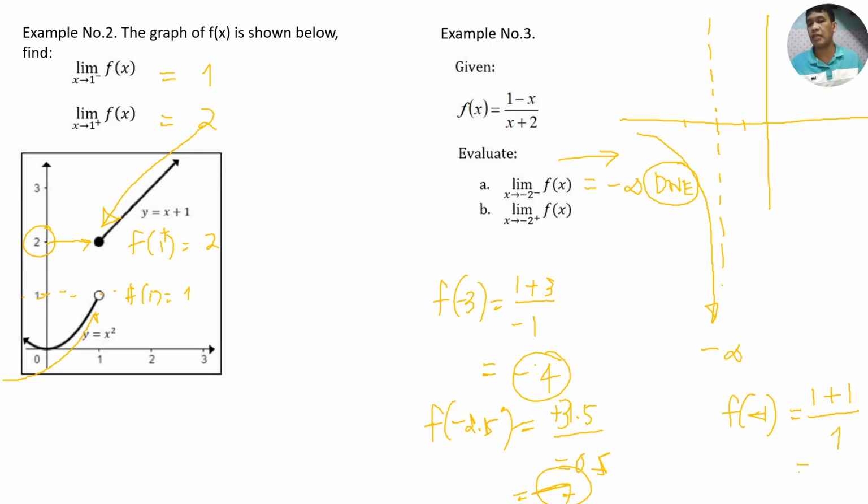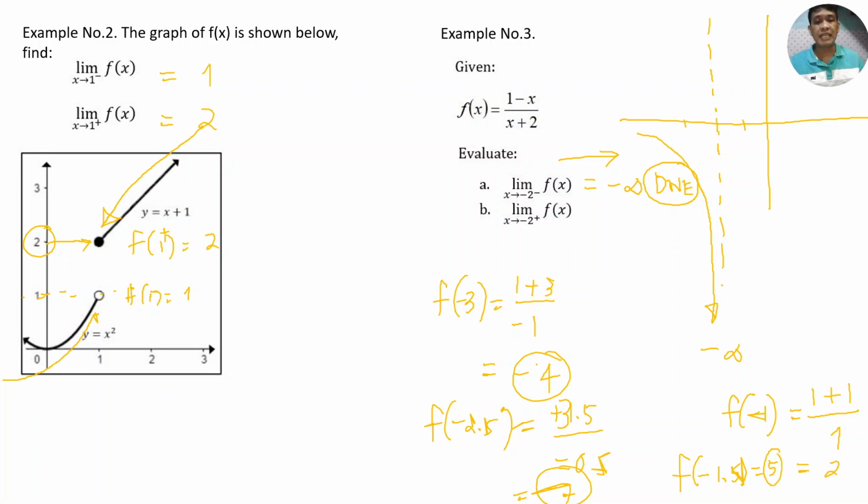So, this becomes 2. Let's get negative 1.5. So, pag gumamit tayo ng negative 1.5, 1 minus negative 1.5 becomes 2.5 over negative 1.5 plus 2 is 0.5. So, this becomes 5 kapag f of negative 1.5. Ang value ay nagiging positive 5.